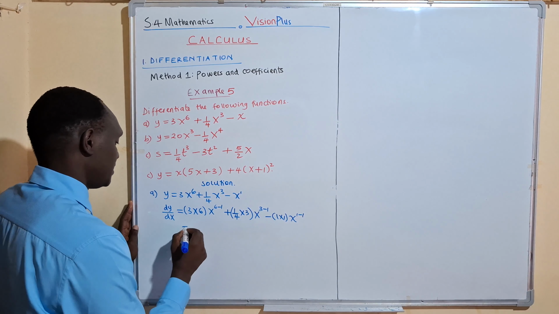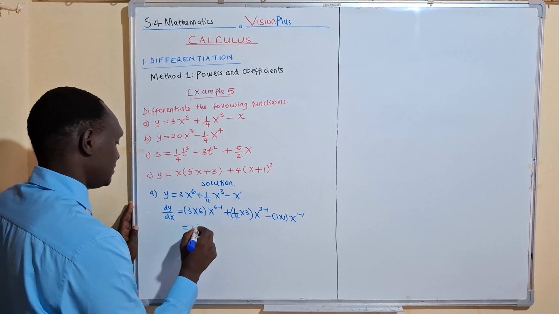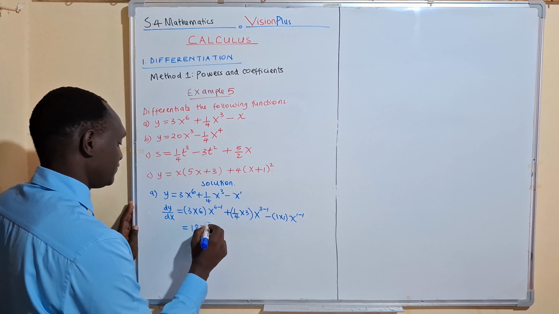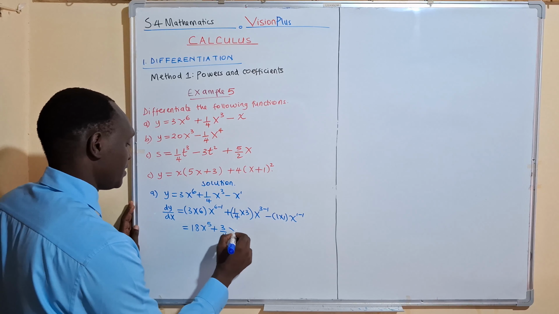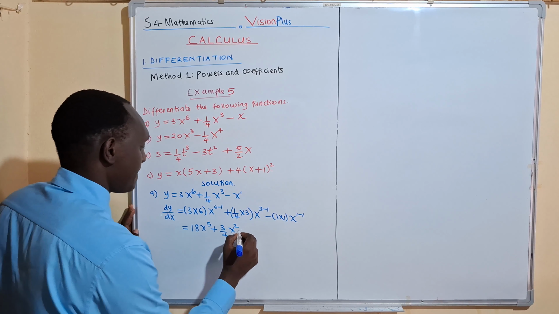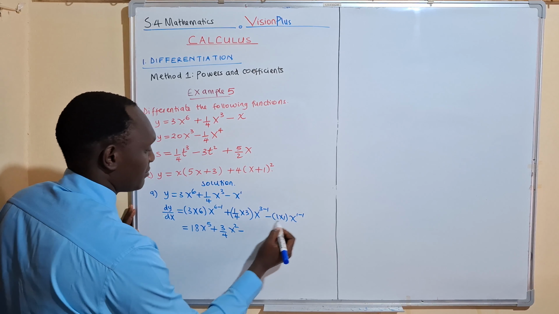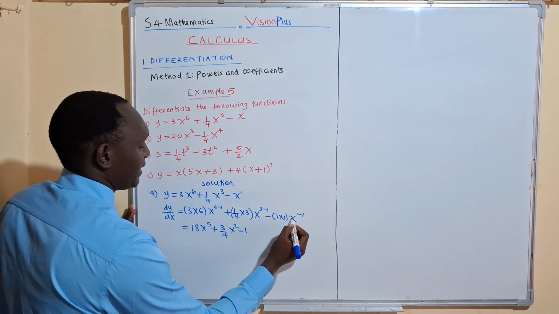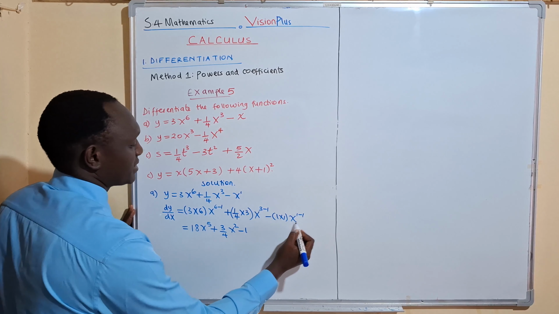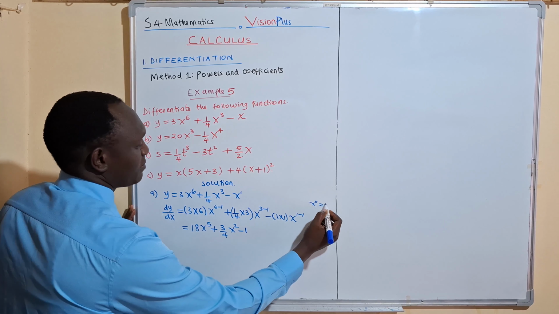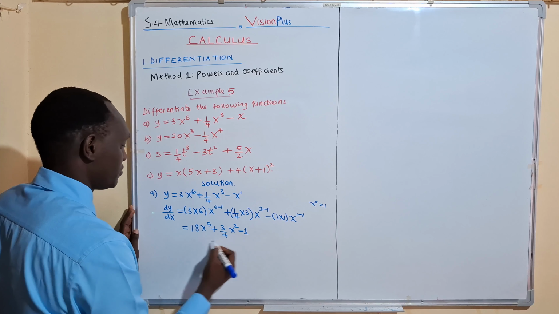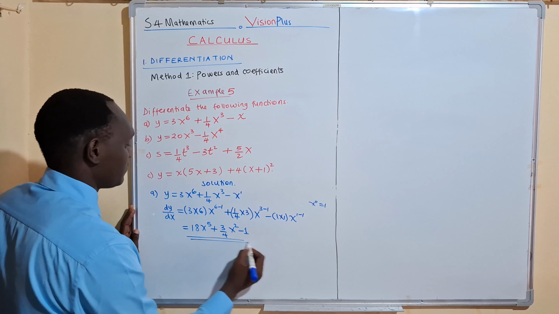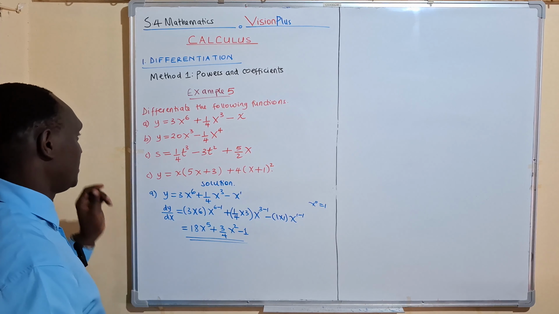So on simplifying this, we shall have 18x^5 plus 3 out of 4 x^2 minus 1 times 1 is 1. X power 1 minus 1 is the same as x power 0, and x power 0 is 1. 1 times 1 is also 1. So this is the answer for part A.